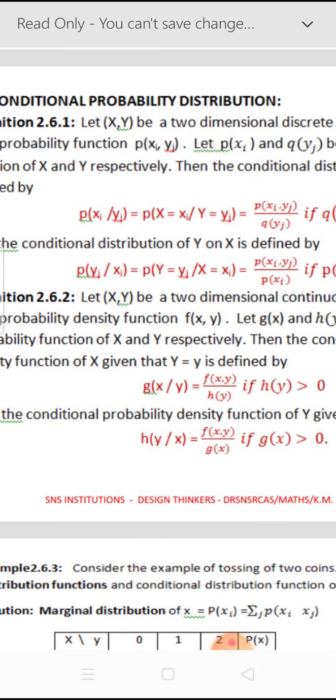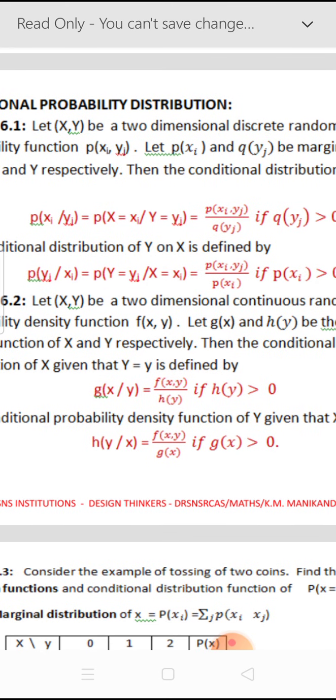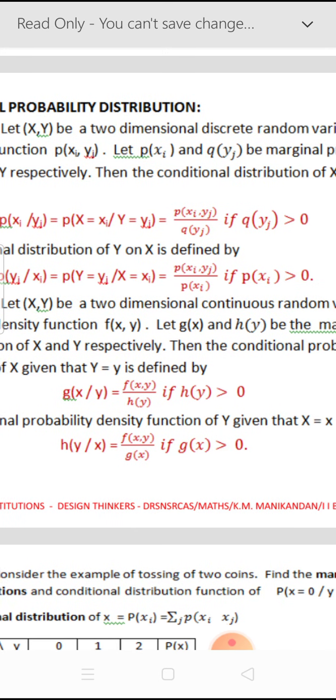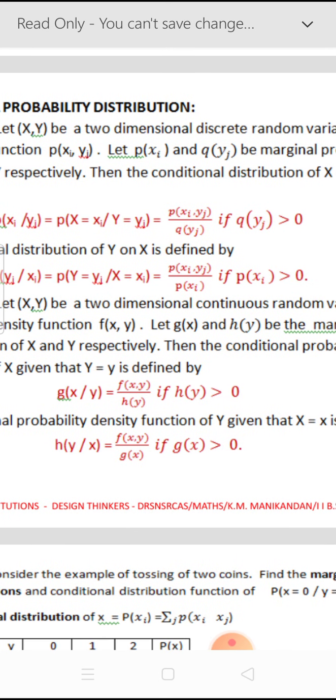And the conditional distribution of Y on X is defined by P(Y = yj | X = xi) = p(xi, yj) divided by p(xi), if p(xi) is greater than 0.